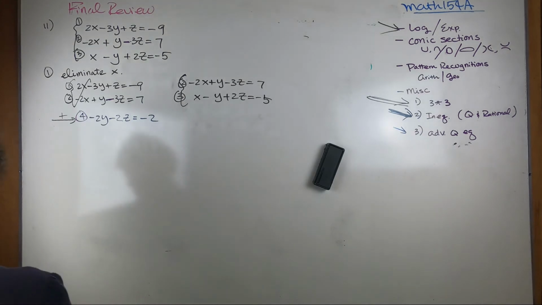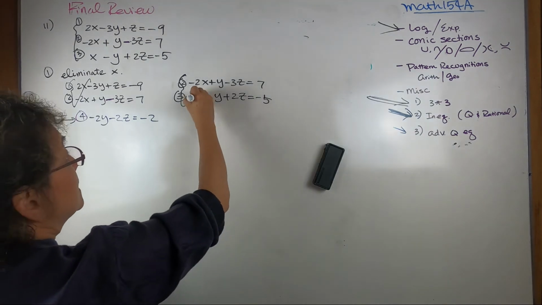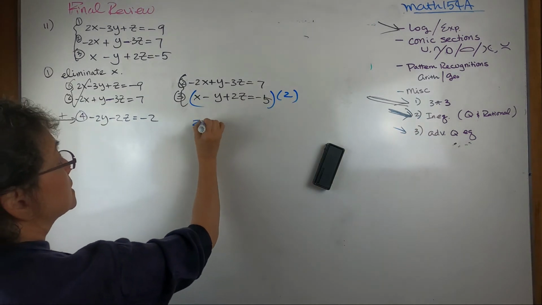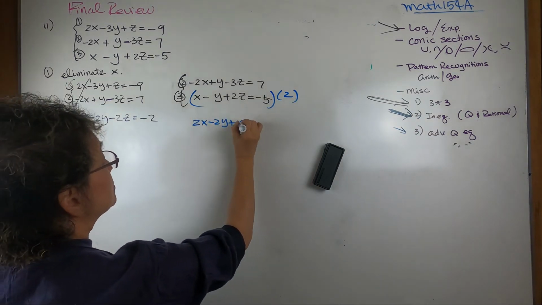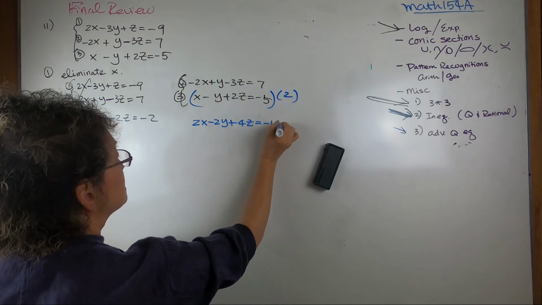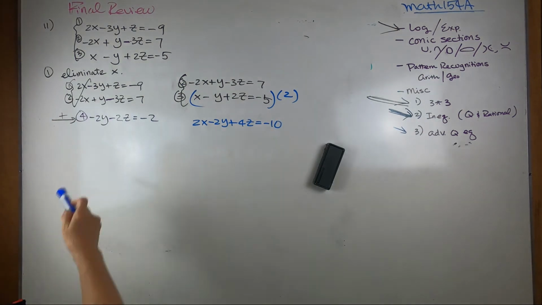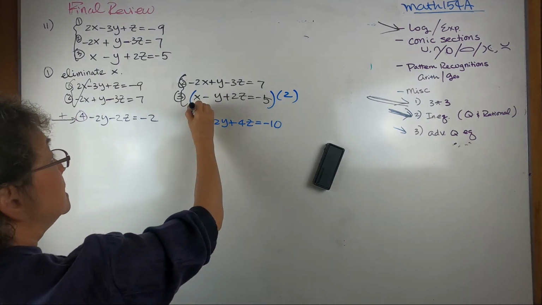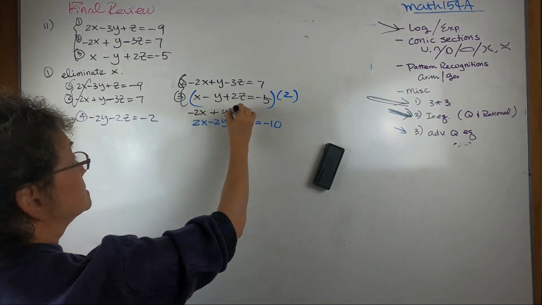Okay, so I'm going to multiply this by what? 2, right? I will have 2x minus 2y plus 4z equals negative 10. Let me see. Do I have typos? Then I will rewrite this.